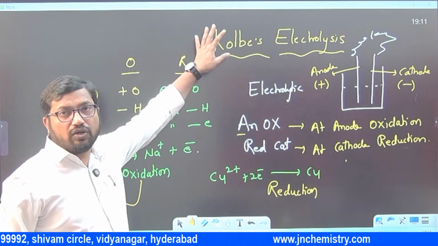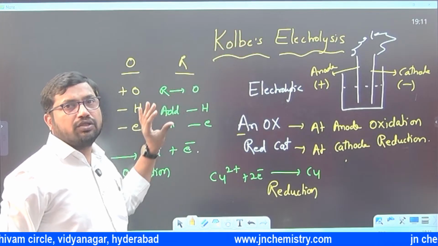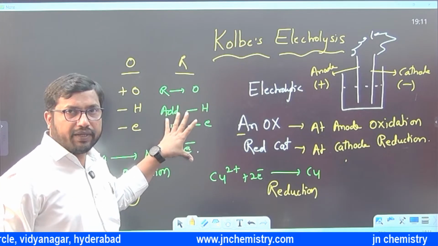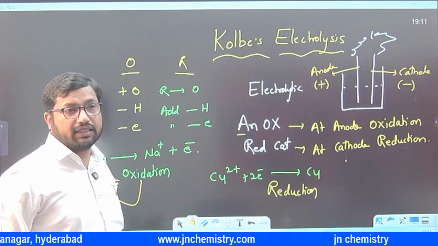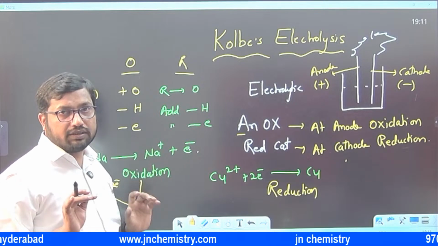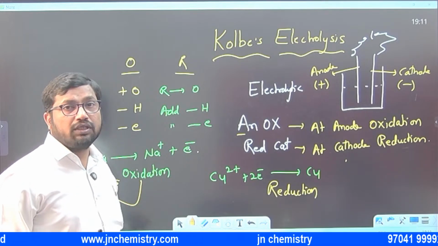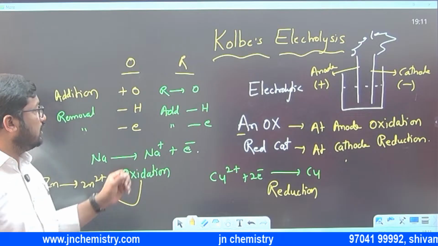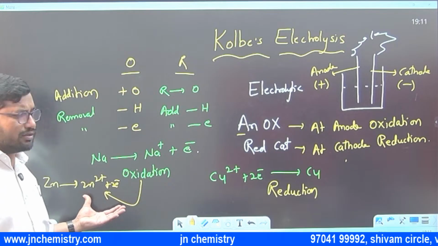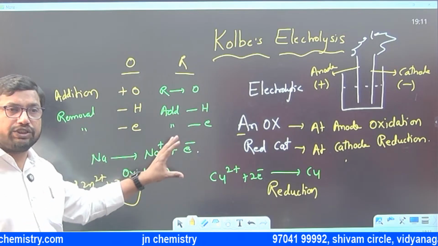To understand the coal-based electrolysis, we should know what is the anodic reaction and what is the cathodic reaction. At anode, oxidation takes place; at cathode, reduction takes place. Oxidation means removal of electrons, cathode means addition of electrons.